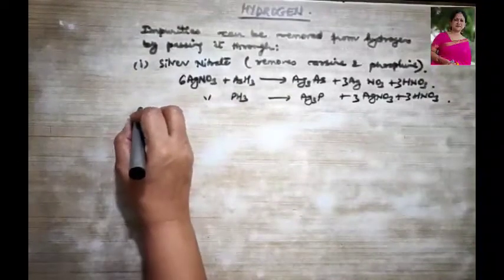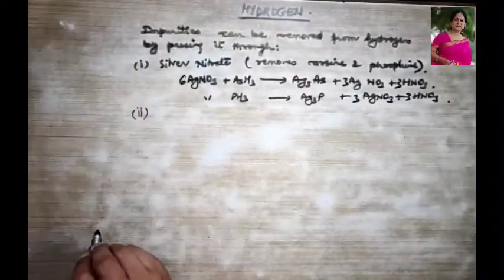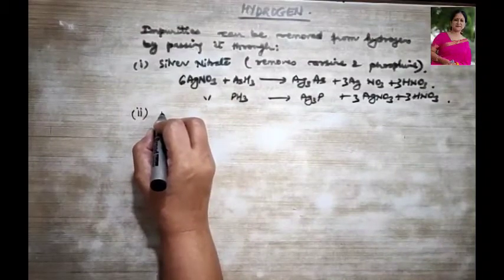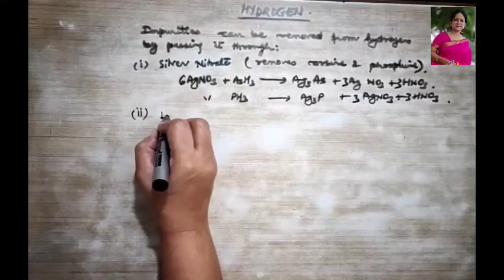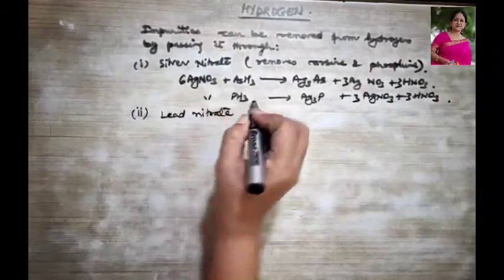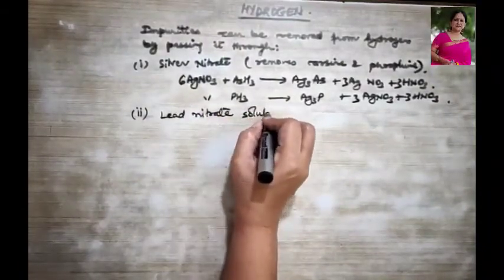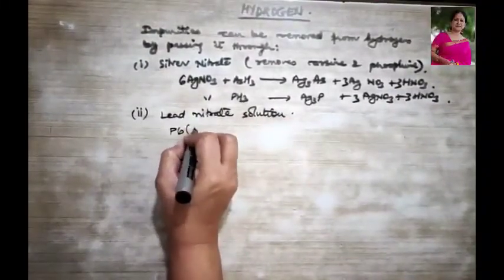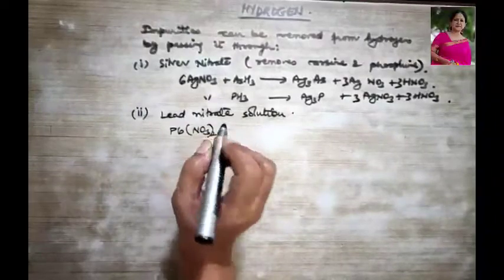Okay. Then the second liquid required to remove an impurity should be lead nitrate solution. Lead nitrate is Pb(NO3)2.